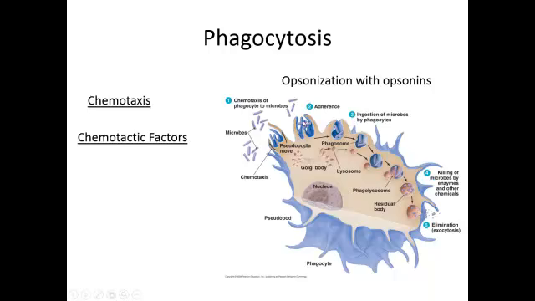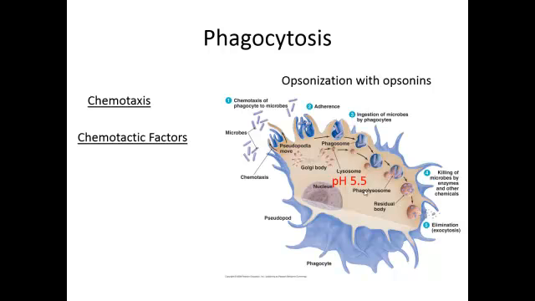Once the microbe is adhered to, it is ingested by the process of phagocytosis. The cell membrane wraps around them, pinches off, and we form a phagosome. Meanwhile, being pinched off from the Golgi body are lysosomes. We talked about lysosomes before. They are full of hydrolytic enzymes, and they have about a pH of 5.5.